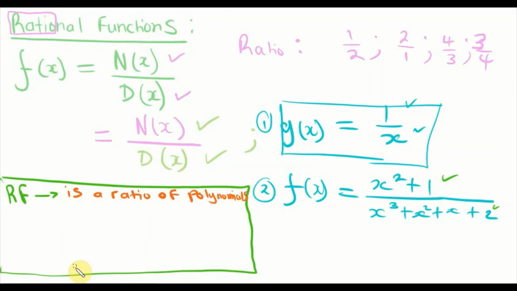Maybe someone is asking, what is a polynomial? A ratio of two or more polynomials is a rational function. So a rational function is a ratio of two or more polynomials.